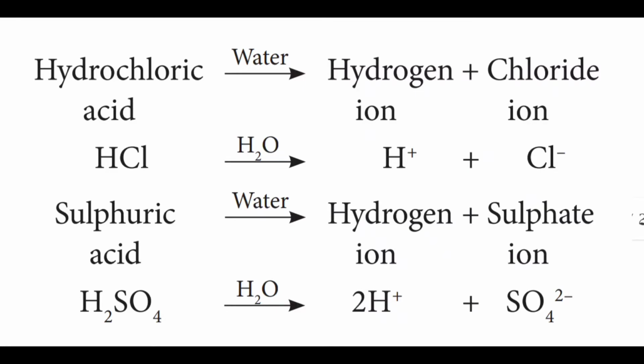So the first case, hydrochloric acid when dissolved in water gives hydrogen ion plus chloride ion: HCl and H2O gives H+ and Cl-. The next, sulphuric acid H2SO4 dissolves in water, H2O, and gives hydrogen ions 2H+ and sulfate ion SO4 2-.